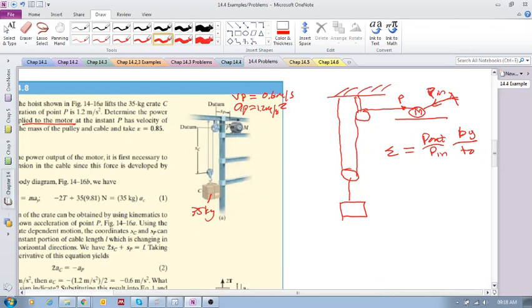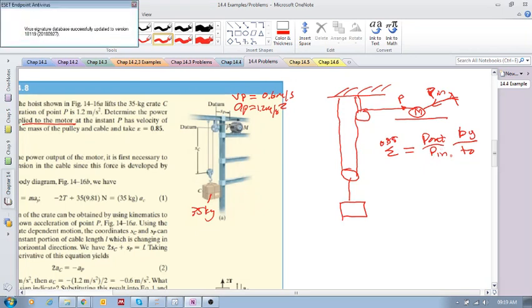Can you think of a way that we're going to do this before we do any calculations? Well, we've got this equation here. Mechanical efficiency is the power out divided by power in. We've got the mechanical efficiency, this is 0.85, and we're looking for P in. So it seems that what we're trying to do is find P out.